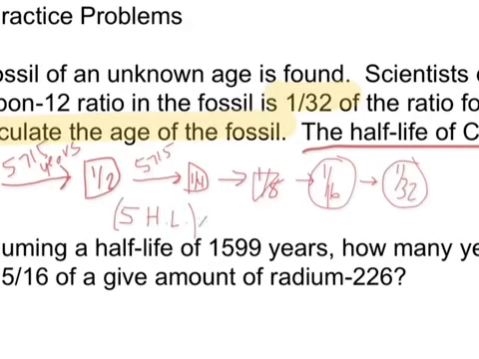I'm going to multiply that by my half-life, which is 5,715 years. And when I do the math, I find that that equals 28,575 years, which is our answer, which is great.